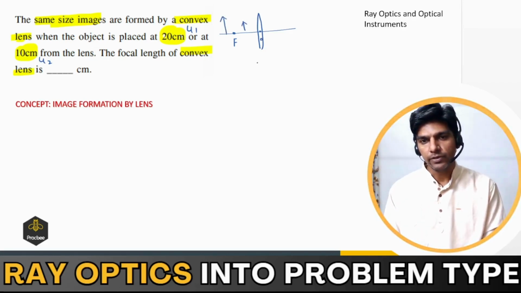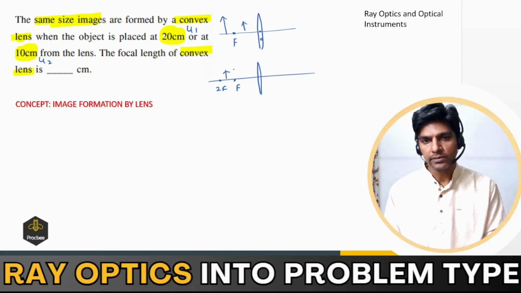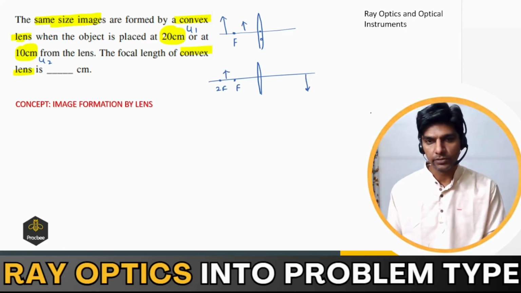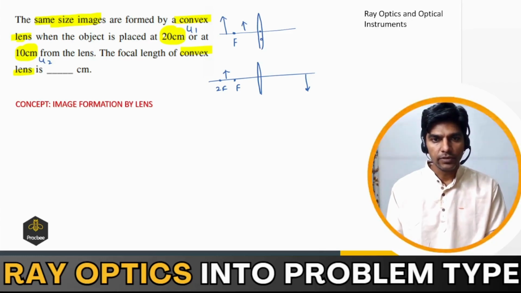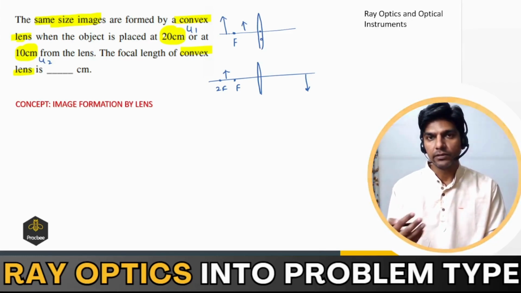But suppose we consider a case where the object is placed between 2f and f, in this case also we'll get a magnified image, but this will be a real and inverted image. So here, if the distance is less, we'll get the case of a virtual and erect image.